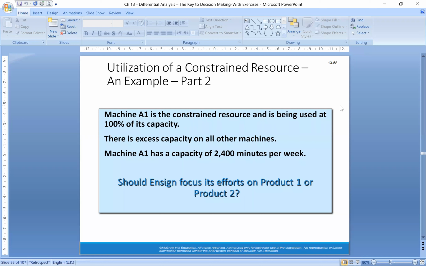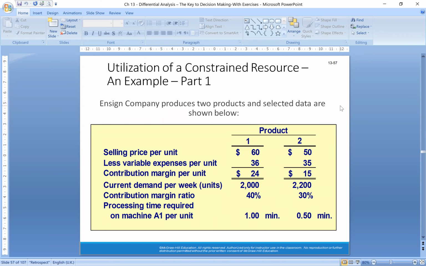Now, our limited resource is the time for the machine. We have a maximum of 2,400 minutes to use our machine. Should we start with product 1, which needs 2,000 units, or product 2, which needs 2,200 units?